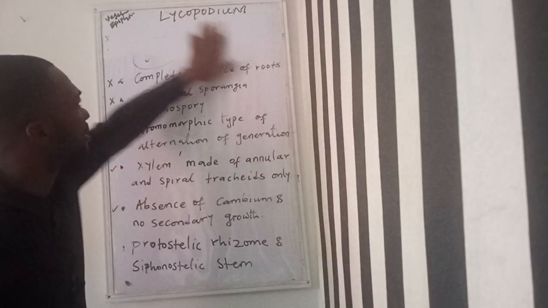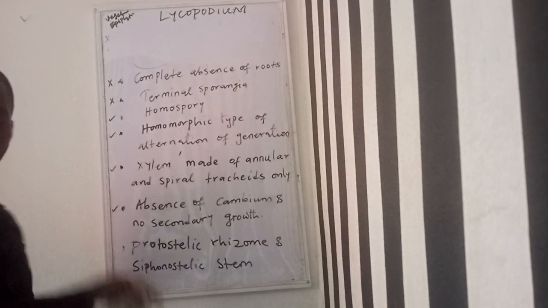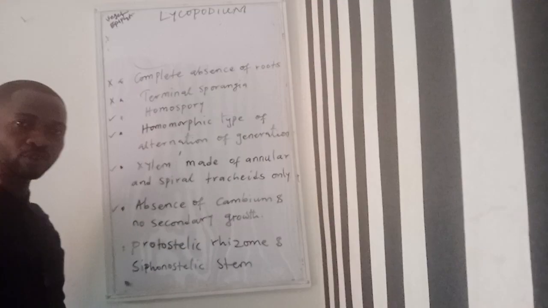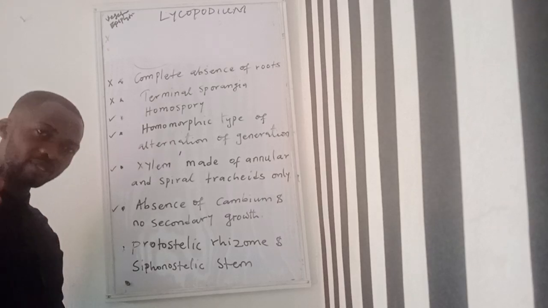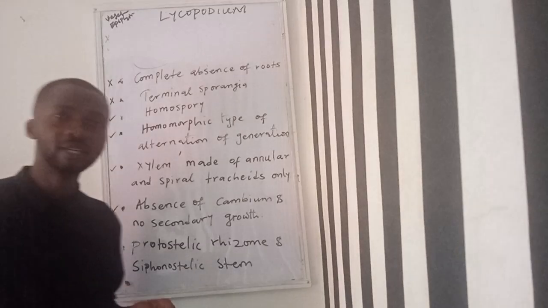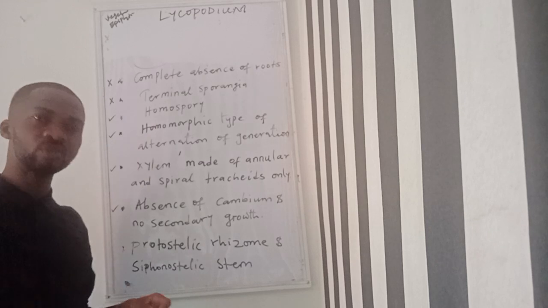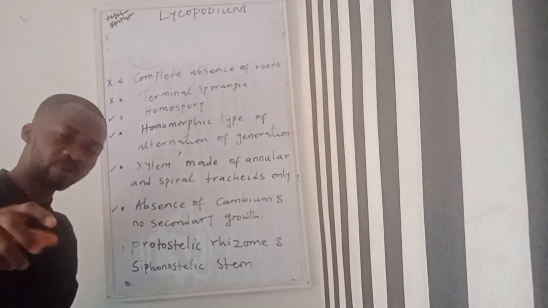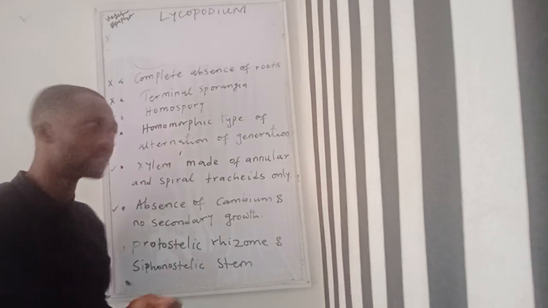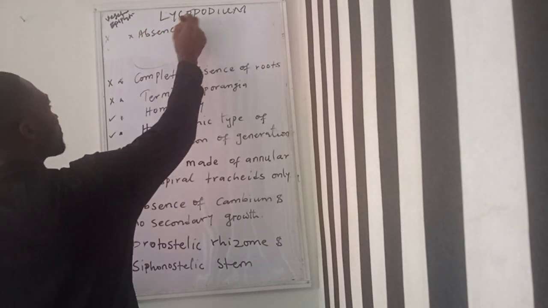Just listen carefully, because some of these characteristics are similar, and some are not. That is what I want to point out quickly. When it comes to Lycopodium, the synangium is not found, because I told you that in Psilotum they have a trilocular sporangium, also called a synangium. So in the case of Lycopodium, there is absence of synangium.